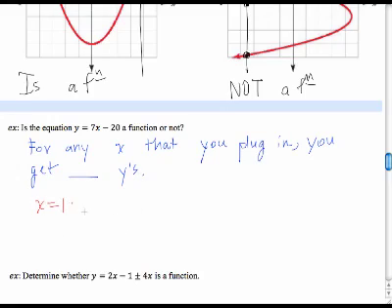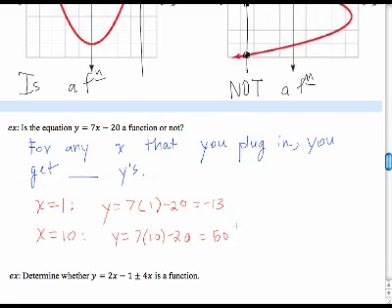It doesn't really matter what I get, but you get 7 times 1 minus 20, negative 13. I got a single y value, negative 13. That's one y value when I plugged in x is 1. And if I plug in x is 10, you get y equals 7 times 10 minus 20. It doesn't matter what you plug in, you're going to get a single y every single time. So this one is a function because you only get one y for every x.